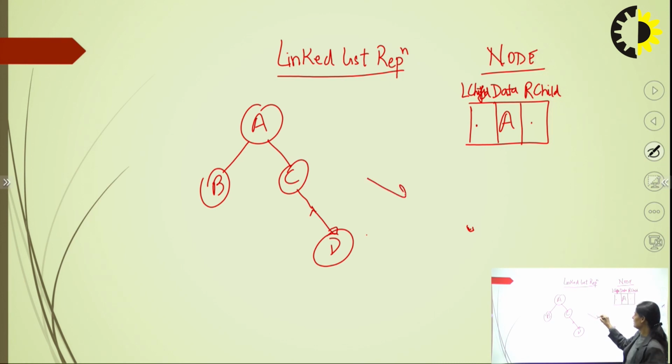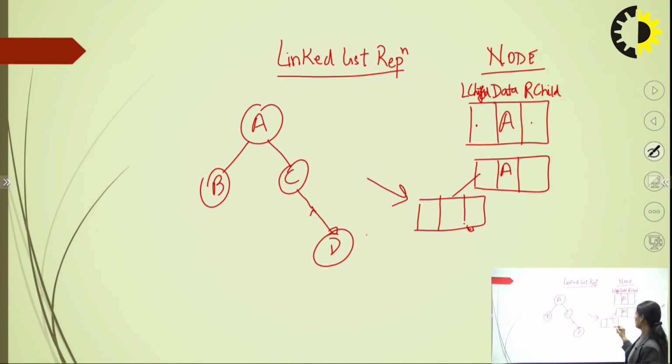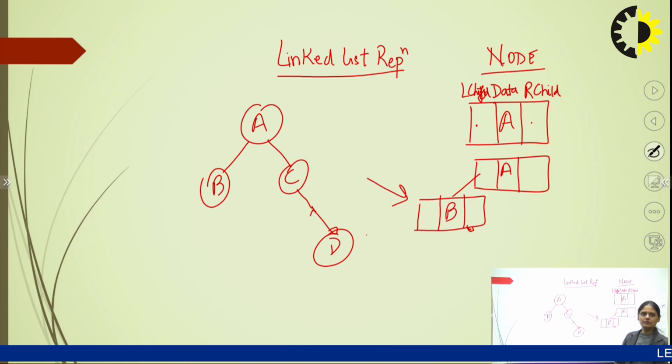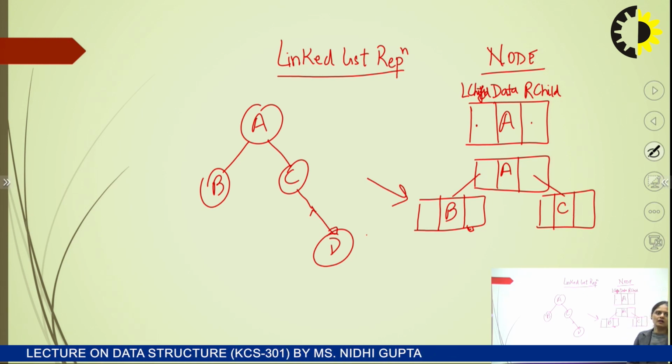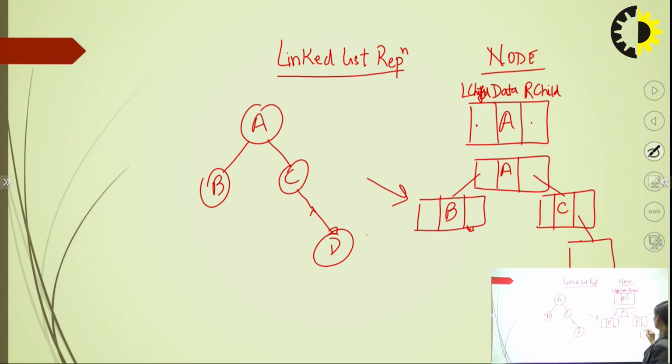So this tree is represented as a node A, then a node with B data, at the right child the C data is stored, and to the right of C there is a node with D data.